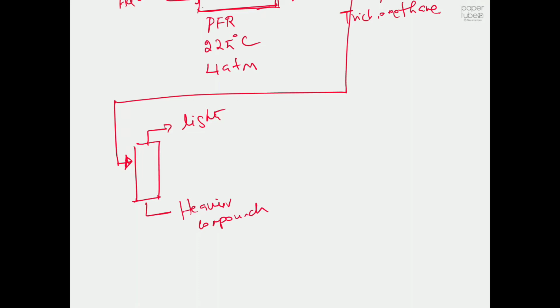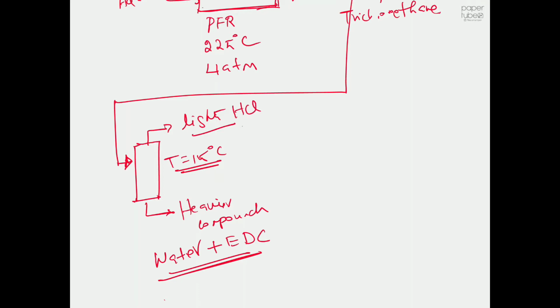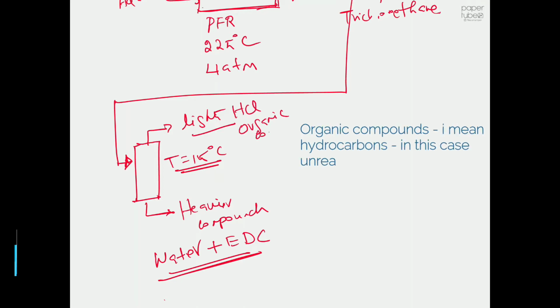And in this one we are going to maintain the temperature in the flash separator at like 15 degrees centigrade, which means your water will be in the bottom, plus your main product, which is ethylene dichloride, will be in the bottoms, and then the lights, which will be HCl or maybe some organic compounds, and some byproducts.